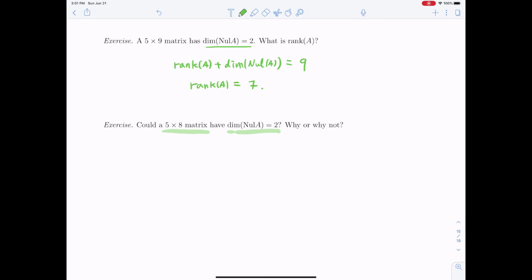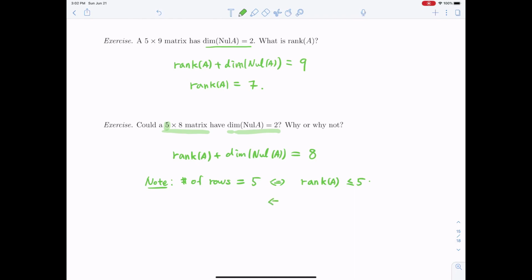Let's analyze this using the rank-nullity theorem. We have rank plus nullity equals the number of columns, in this case 8. But note that the number of rows equals 5 here. So this means that the dimension of the row space, or the rank of A, should be less than or equal to 5.